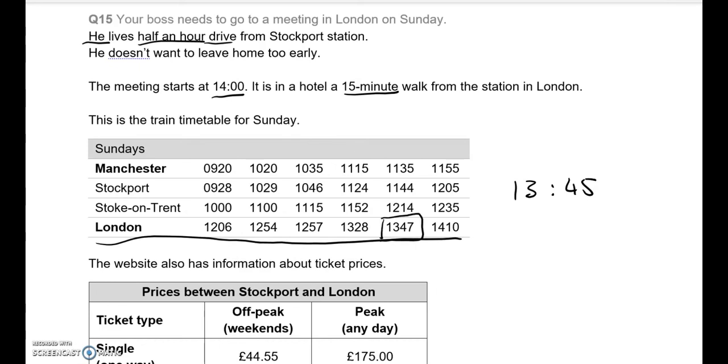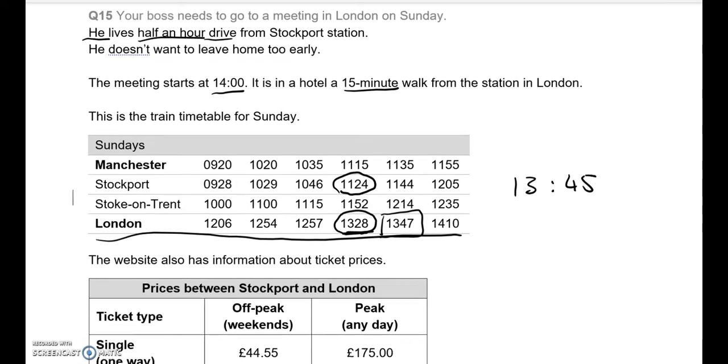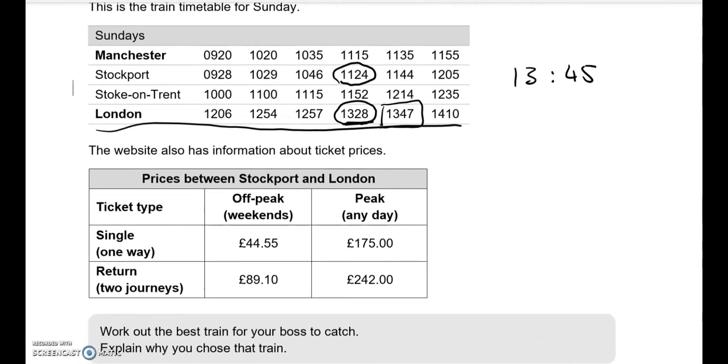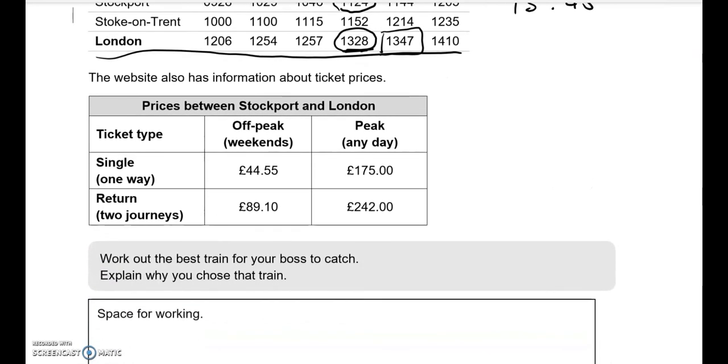And looking at London, this is the closest. However, this would be 2 minutes late. So we're going to have to pick the previous one, which is 13:28. So he sets off at 11:25 and arrives at 13:28. So work out the best train for your boss to catch. Explain why you chose that train.